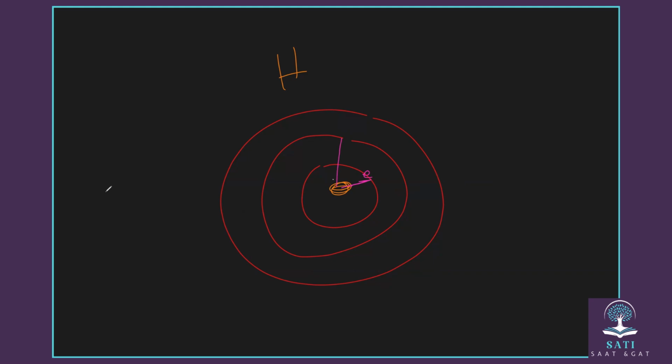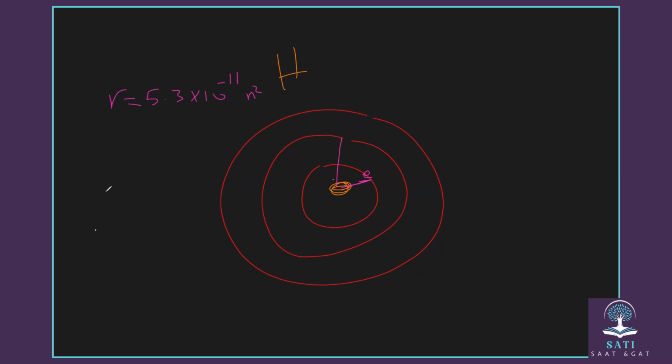The radius is given by the Bohr formula, which is 5.3 times 10 to the power of negative 11 times n squared. We use this formula to find the radius of the electron in any energy level of the hydrogen atom.